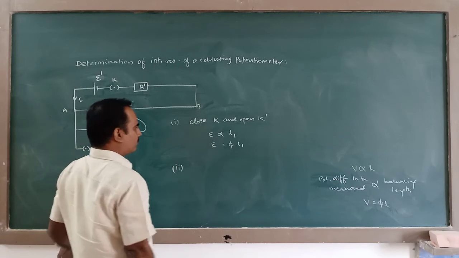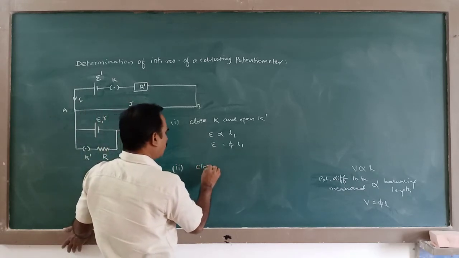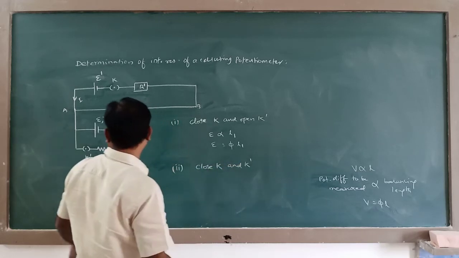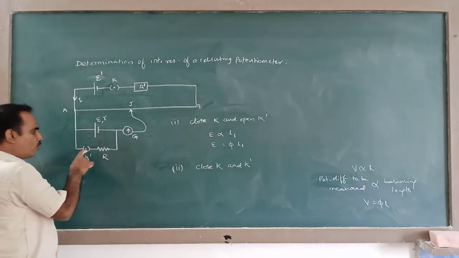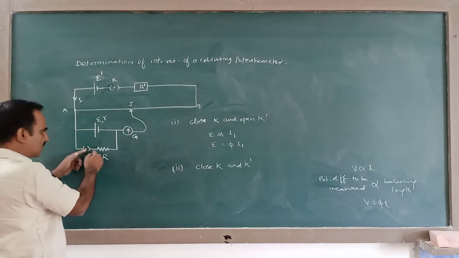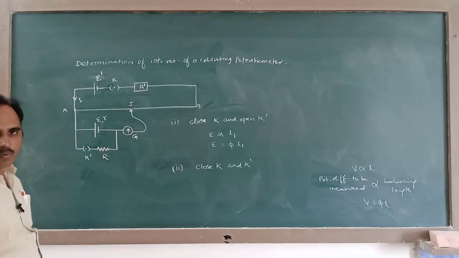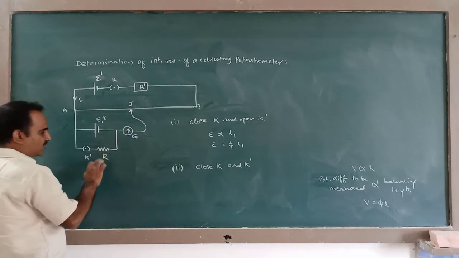In the next case, you close K and K dash both. When you close this one, this also is included in the circuit. Again, you unplug some suitable resistance here.